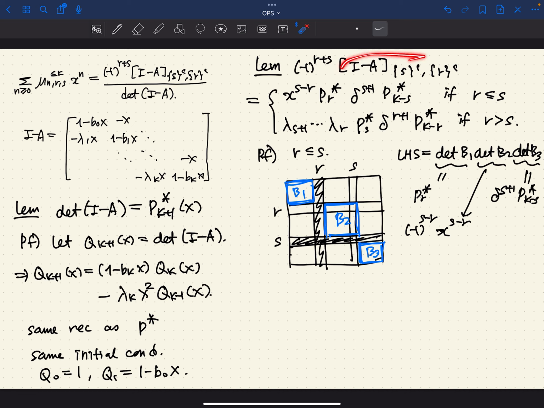And because we are looking at the determinant of this matrix, that proves this. Is that right?